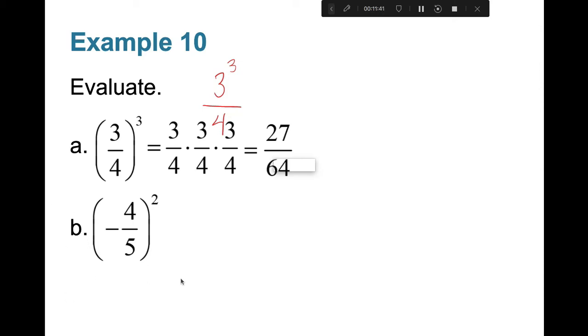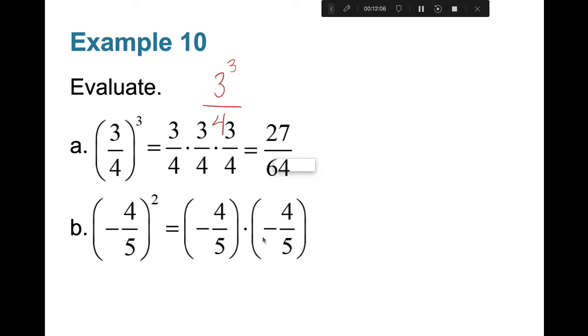If it is outside the parentheses, then they are not. So this answer is negative 16 over 25. What's a negative times a negative? Oh, it's a positive. It's 16/25, and it is positive.